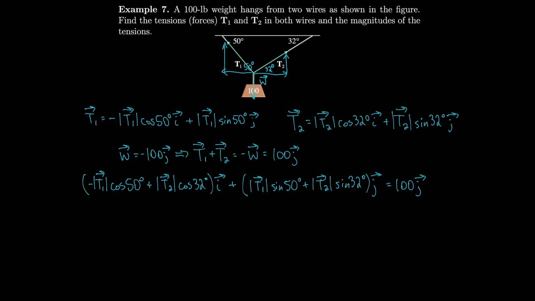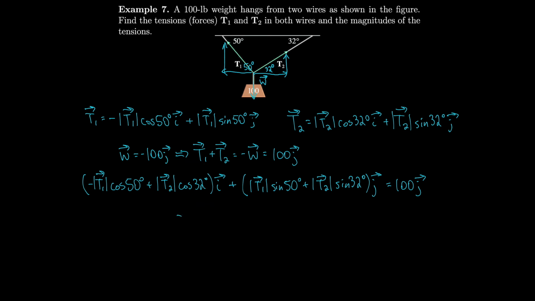Okay, so that means that all of these i's just equal 0 because there is no i on this side. So this must equal 100 and this must equal 0. It's 0i plus 100j.